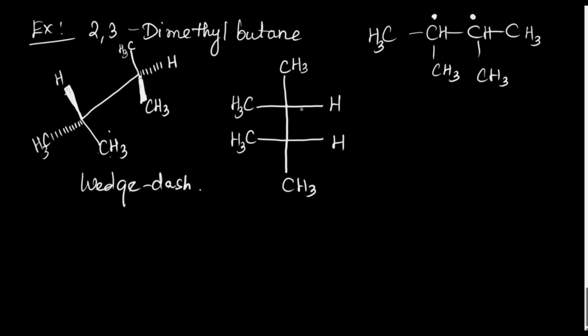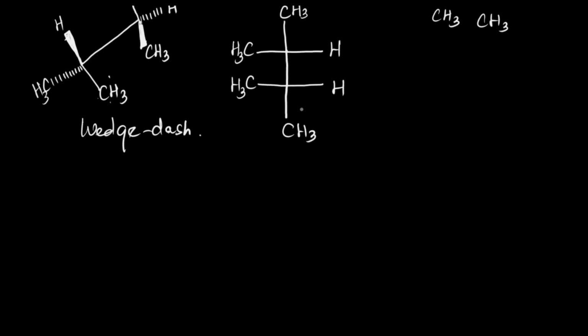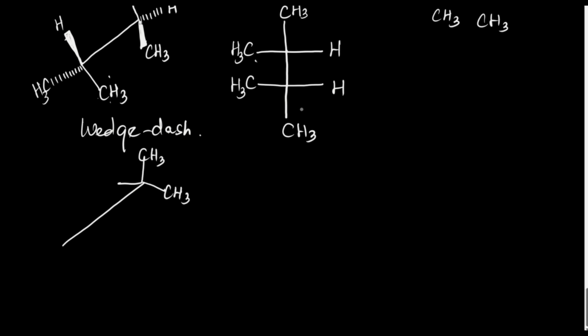Now let's go to the third projection formula. Here I am considering this CH3 and another CH3 must be on the same side, or I can write it on the opposite side if I am writing like this.